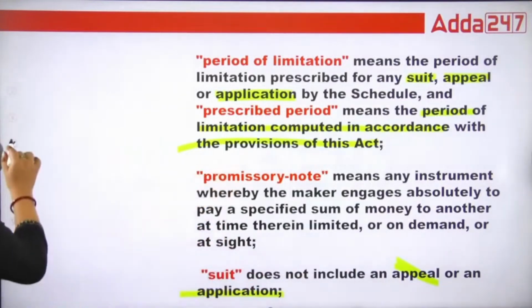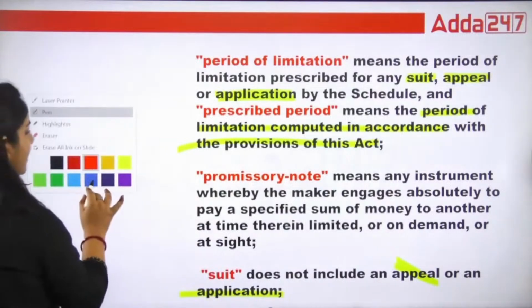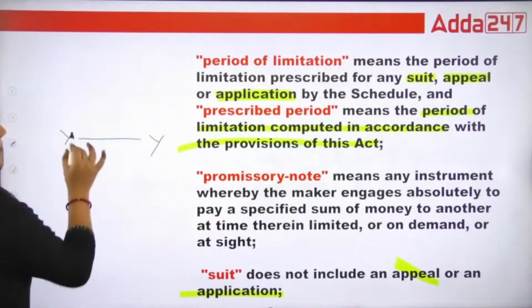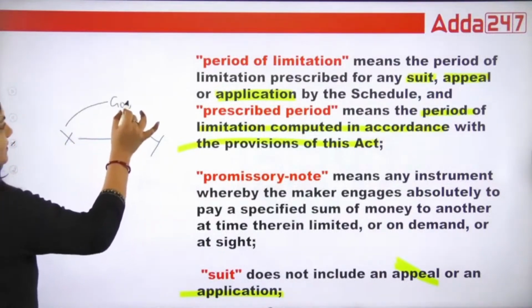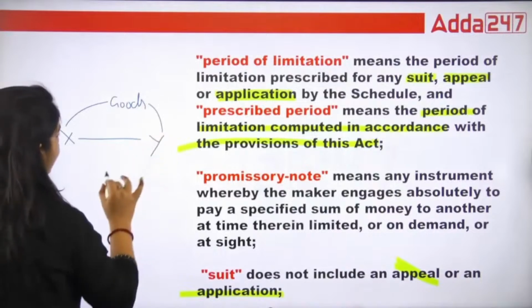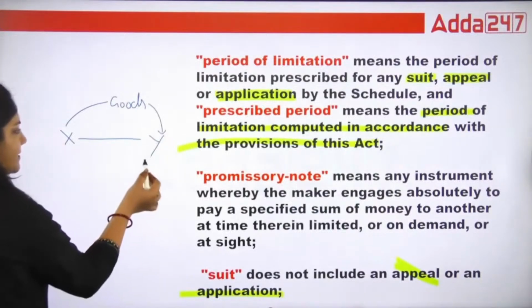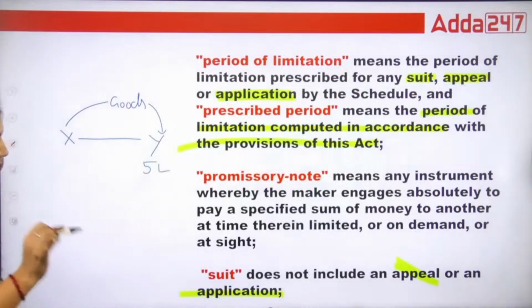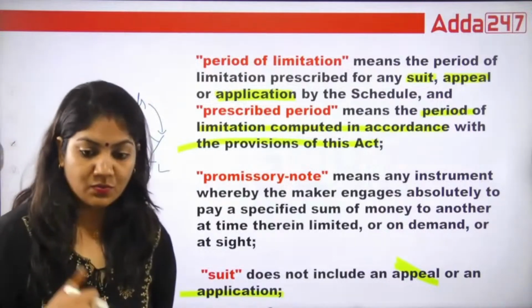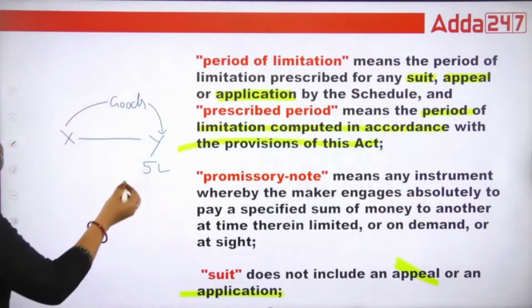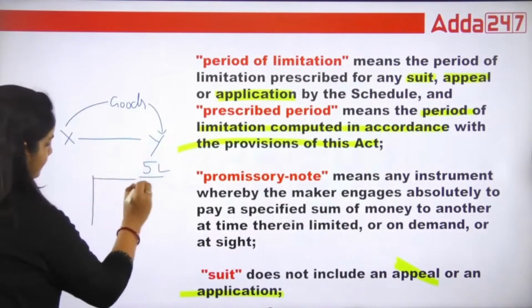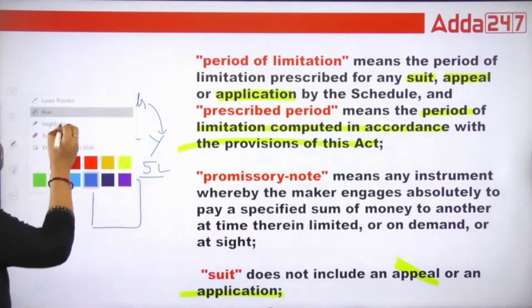What is promissory note? That is so simple. Promissory note means X and Y are there. X has given goods to Y person, right? And Y person, suppose he has to give 5 lakh rupees, but right now the Y person doesn't have 5 lakh rupees. So what will happen then? Now for this 5 lakh, Y will make a document.